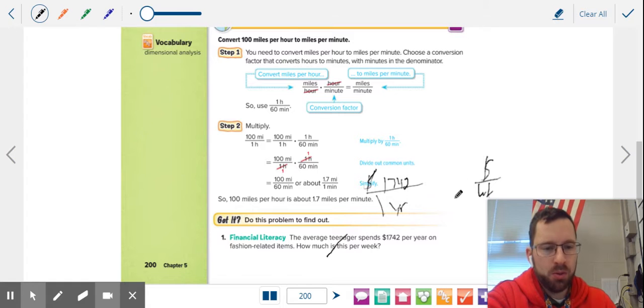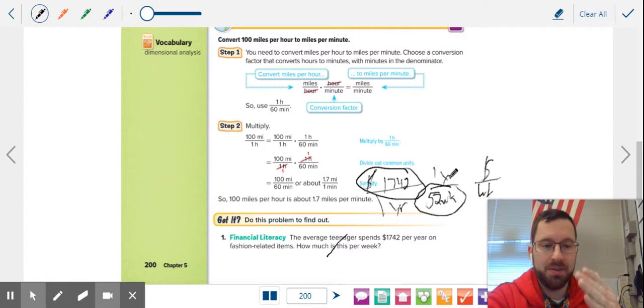So our goal is to get to weeks. Weeks are on bottom, so the 52 weeks has to stay on bottom. 1 year goes on top. So my conversion becomes a fraction. Make sure the goal lines up, so weeks on bottom, weeks on bottom. If I look at my big fraction here, this is like a complex fraction from the last lesson. 1742 is on top, 52 is on bottom, so that means I have to divide.